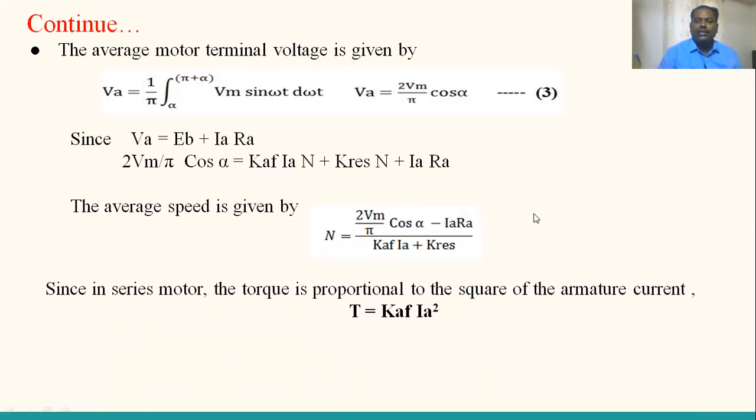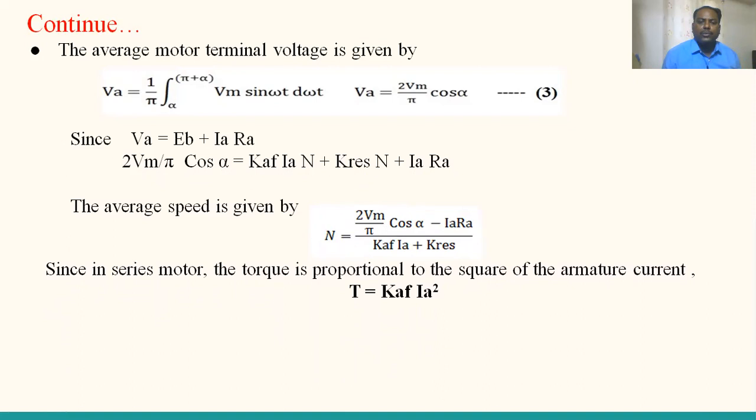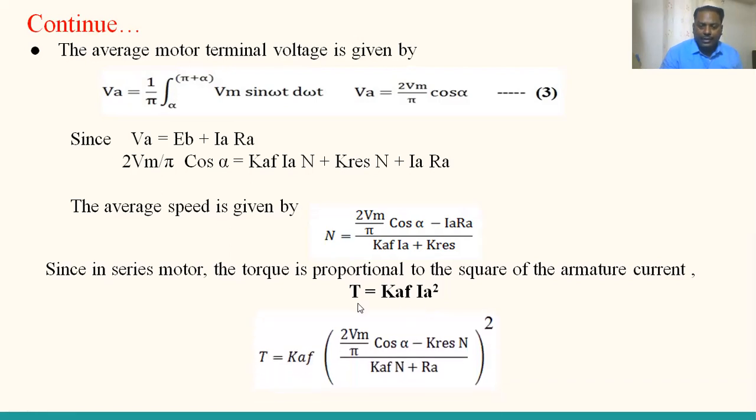Yes. So it is a series motor, you know. The series motor torque is directly proportional to the square of the armature current. Therefore, removing the proportionality constant, T equals KF IA squared. In a series motor, in most cases we need to calculate the torque in terms of speed.